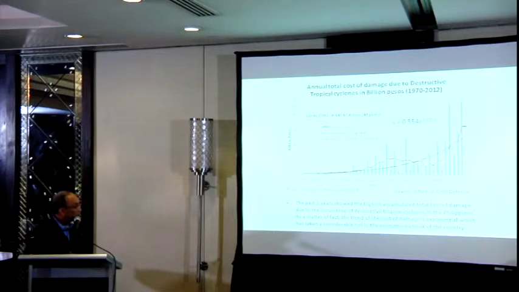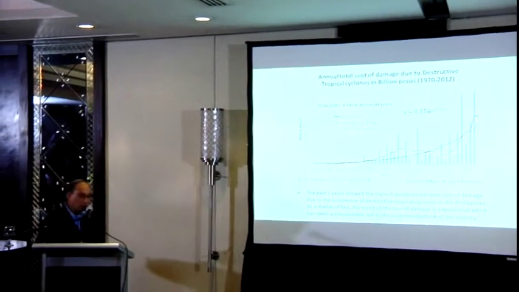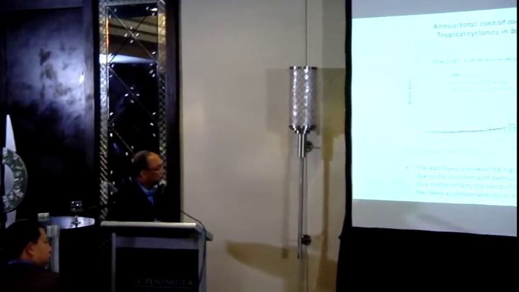As a matter of fact, the trend of the cost of damage is exponential, which has taken a considerable toll in the economic outlook of the country. Next. So this is another analysis on the trend of tropical cyclone. This column is the total damage for each tropical cyclone. 2009 is the Typhoon Pepeng.